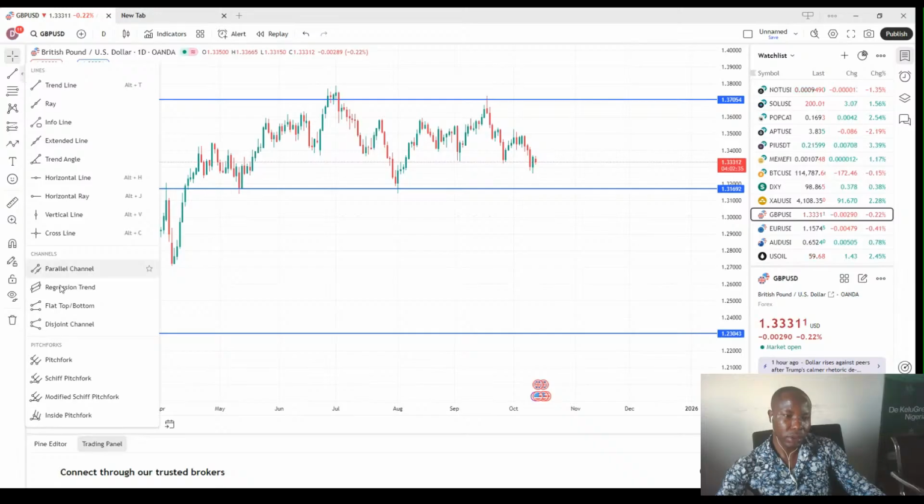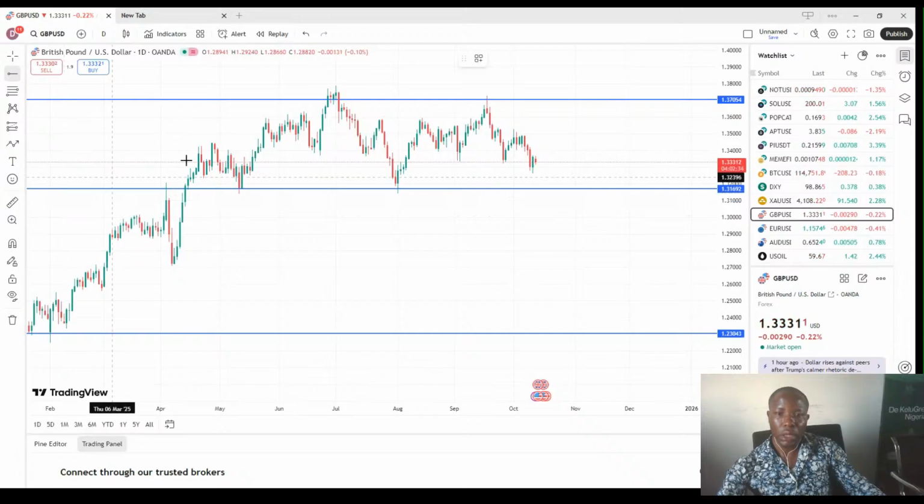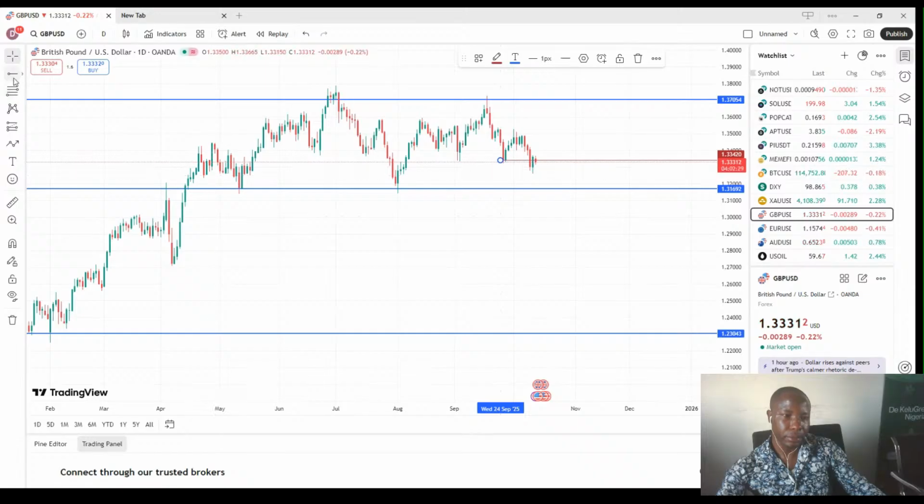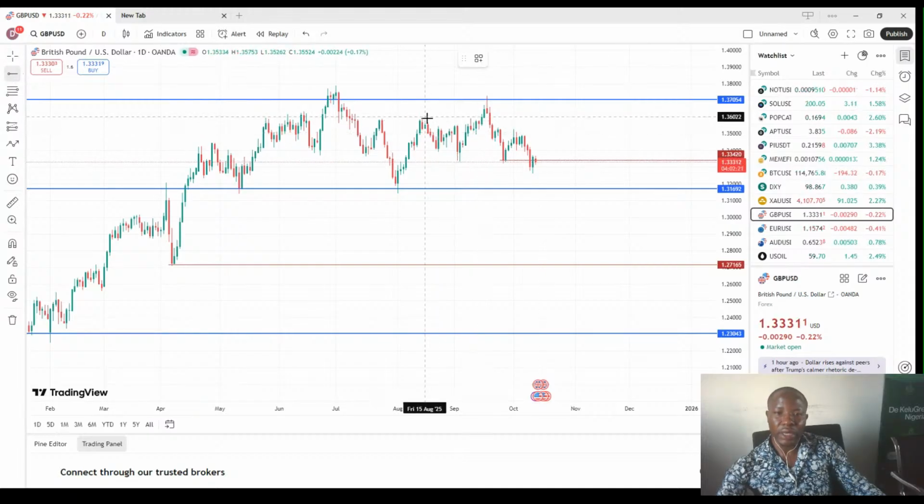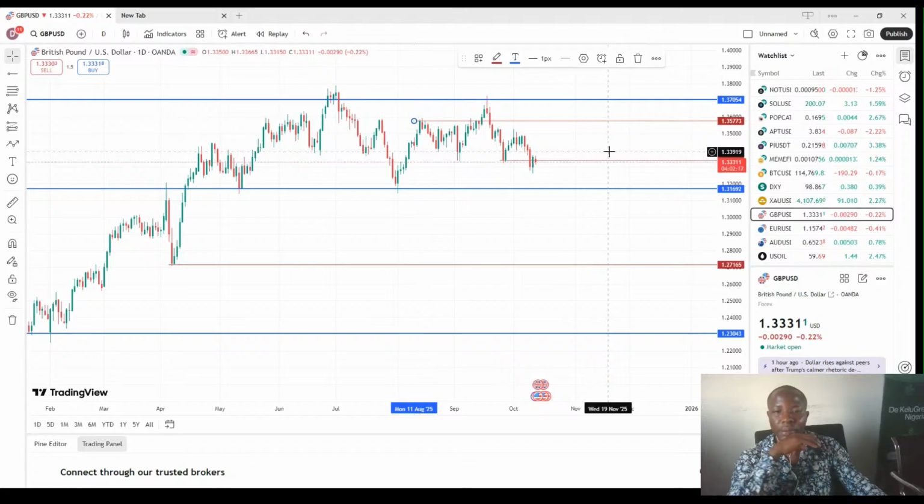As always, I mark out my minor areas on the daily time frame. Have you wondered why the market will be going up, going up, going up, and at some certain place it reverses from there?